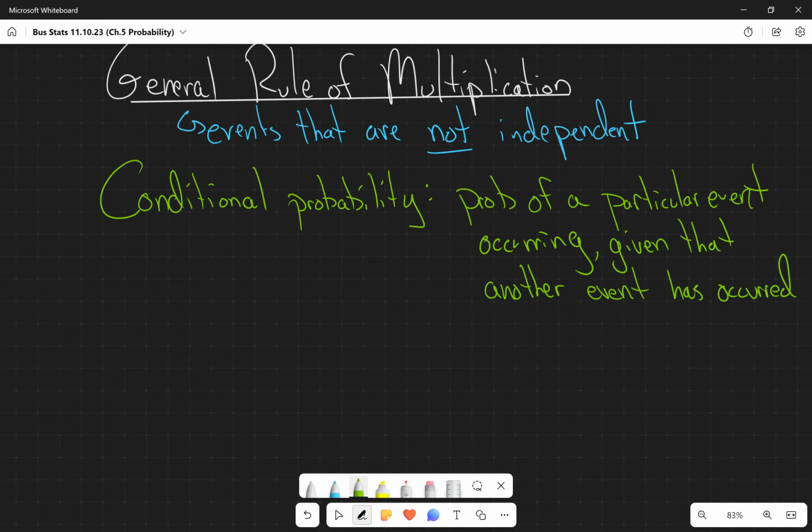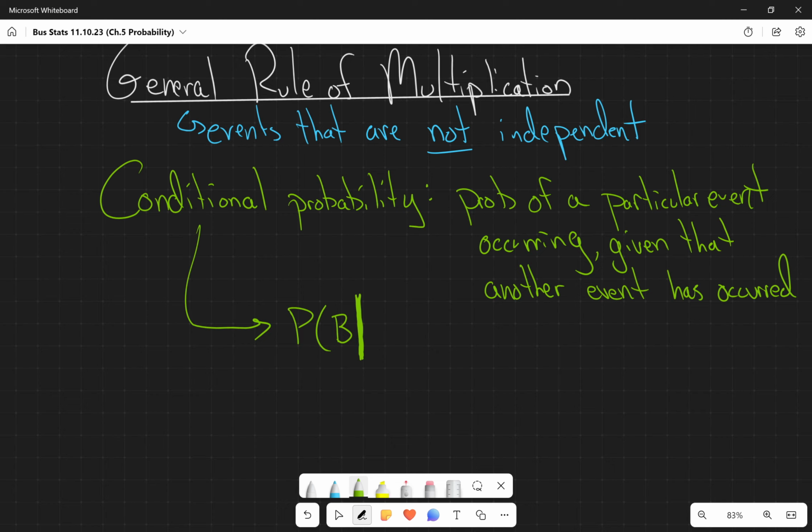So conditional probabilities are represented by using what's called a pipe. It's a long, straight character. It is shift and then the button above your enter sign on your keyboard. So there's a backslash on your keyboard.